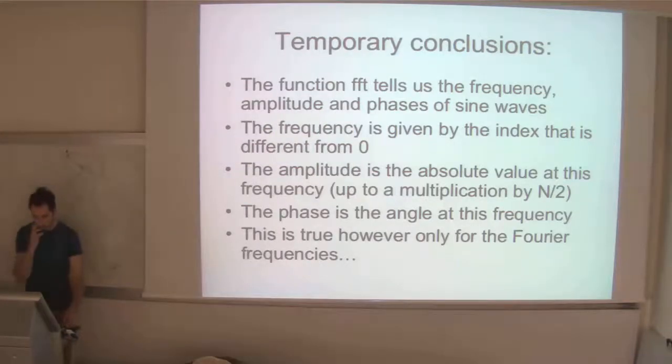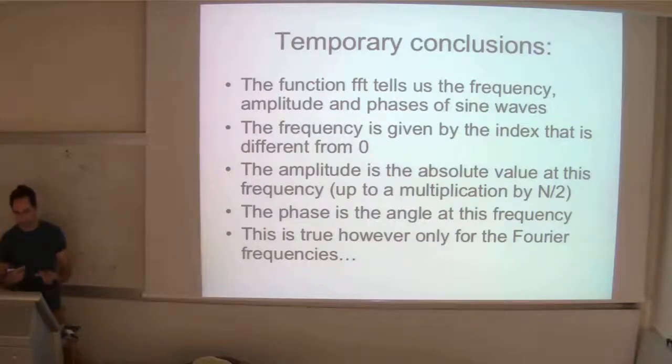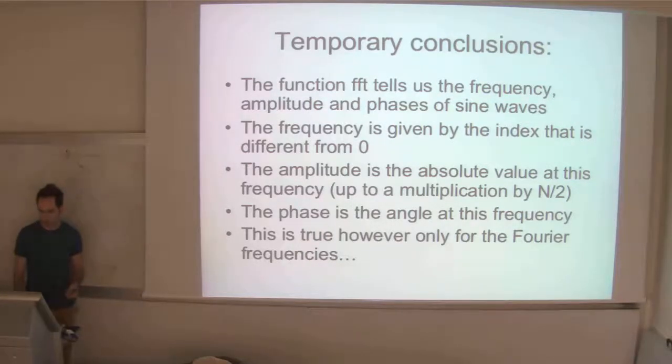So temporary conclusions: the function FFT tells us the frequency, the amplitude, and the phases of the sine waves that build the original signal. The frequency is given by the index that is different from 0. The amplitude is the absolute value at this frequency up to some parameter. In our case, it was the number of sampled points divided by 2. The phase is the angle at this frequency, and this is true only for Fourier frequencies.